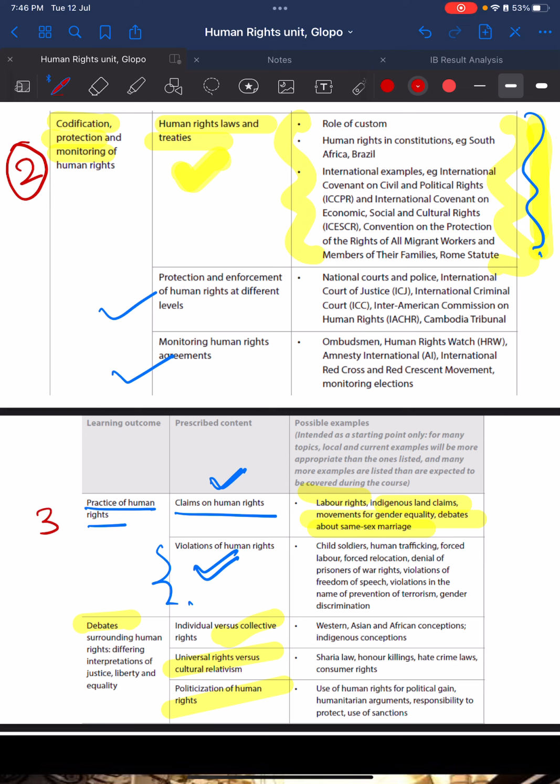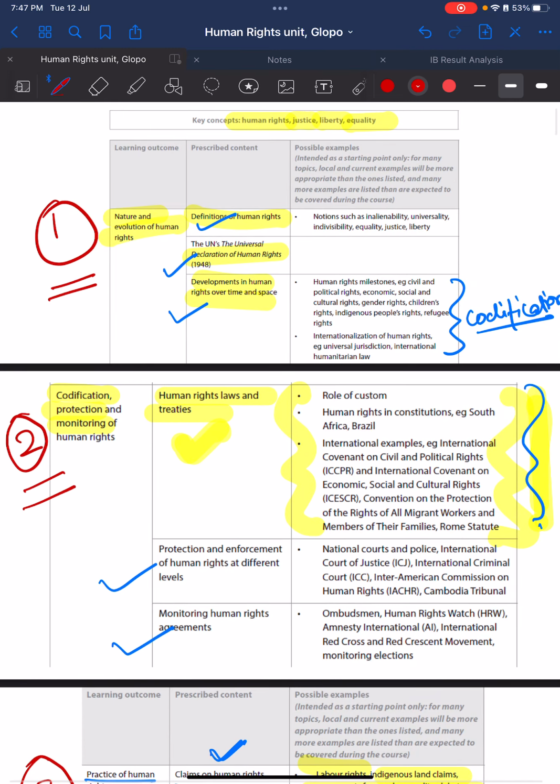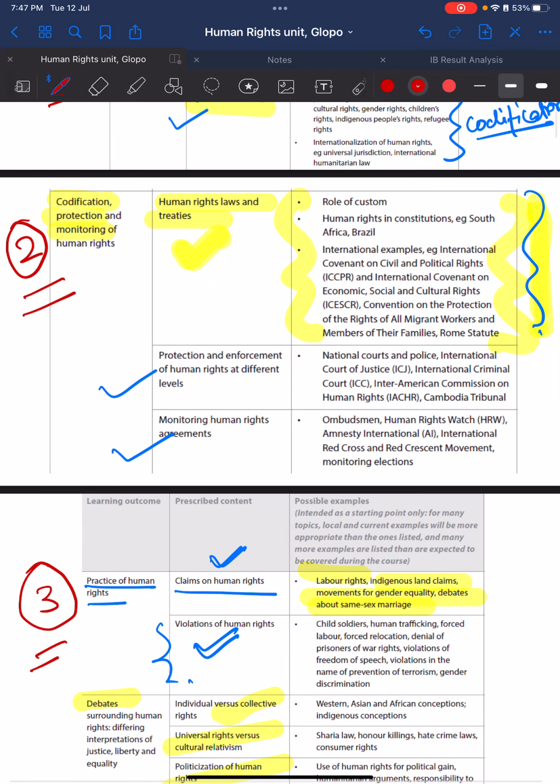And the third one is practice of human rights, where you would be studying the theories of universalism versus cultural relativism, individual versus collective rights and politicization of human rights, along with what all violations of human rights have taken place, right? So these are the 3 topics of human rights. This is the overview of the chapter.